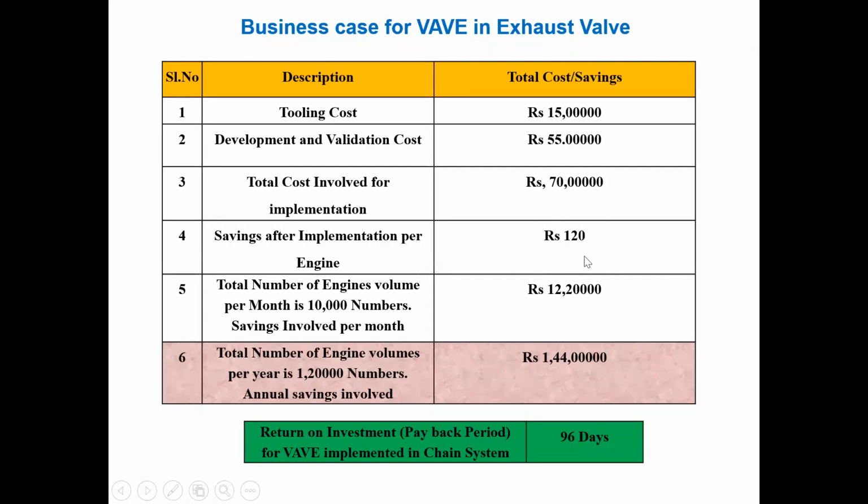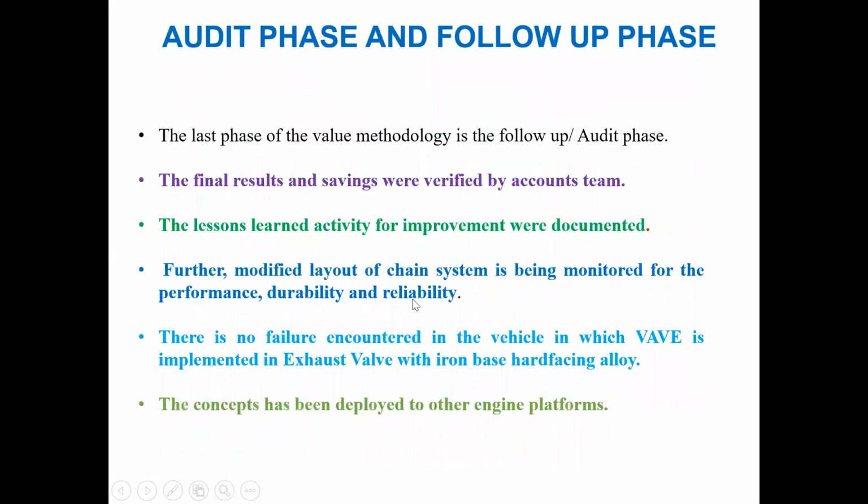Considering this practice is only for the exhaust valve, eight pieces will be there, so we get 120 rupees saving for one engine. The annual saving is almost 1 crore 44 lakhs for this particular product. Then in the implementation phase, we go for an audit and follow up.